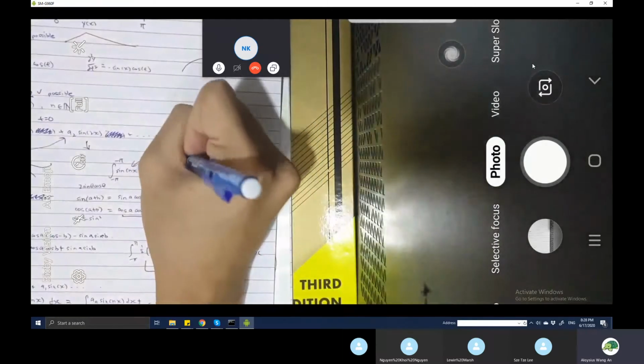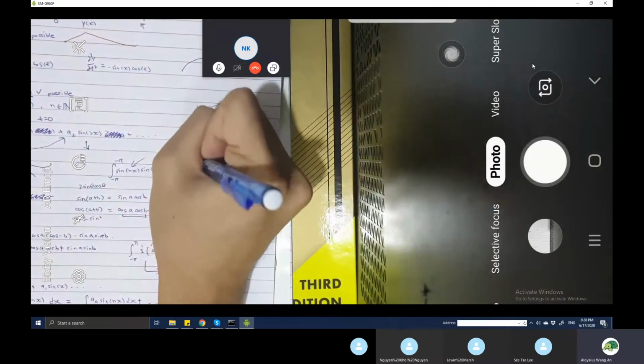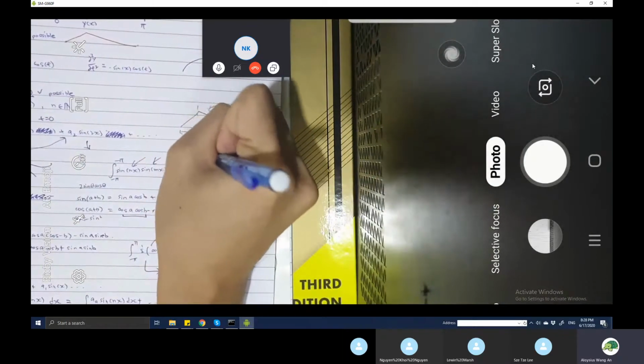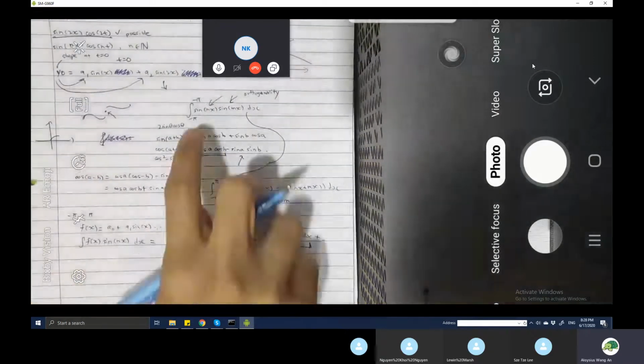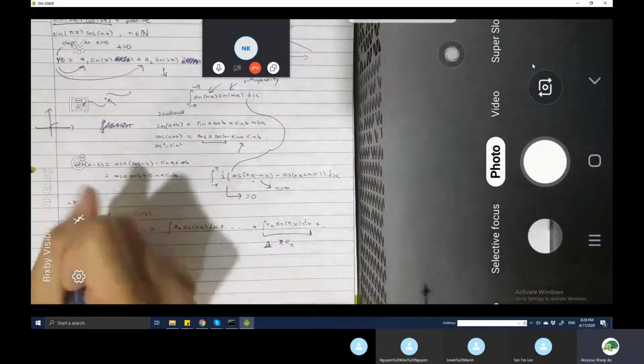This is something that you're going to see a lot once you start learning all your linear algebra. It's going to be an important thing, and it doesn't just apply for the sines. It applies for both the sines and the cosines.